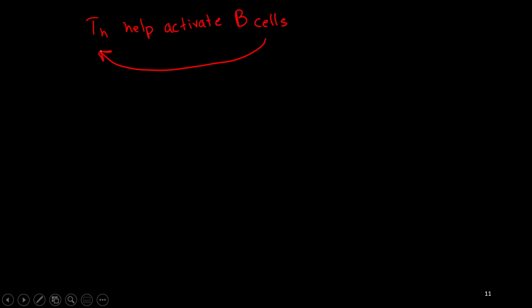So their stimulation is going to lead to mutual maturation, so that you end up with B cells that become more mature, and you're going to end up with T cells becoming more mature.